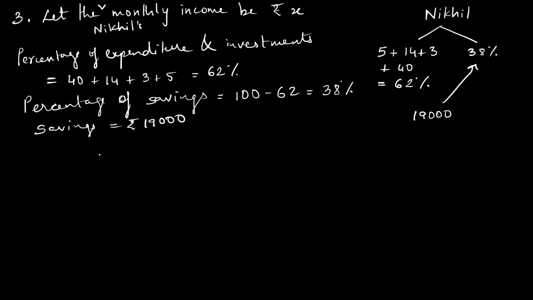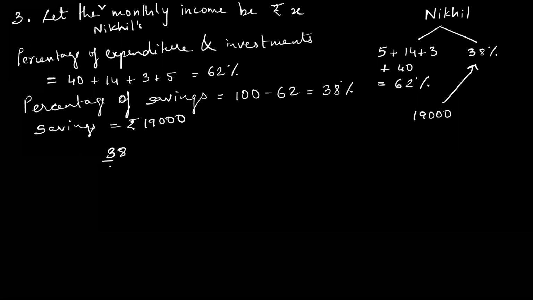So what should the next line be? 38 upon 100 multiplied by X is equal to 19,000. Then we can divide it by 2. 2 ones are 2, 9s are 18, 2 fives are 10.